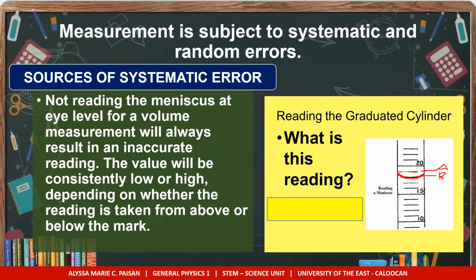B is 18 and then A is 19. Okay, the answer is the 18 one. This one, letter B. Because again, you should read the lower meniscus. If you read the upper meniscus, that's because you are under the source that is improper human error, okay?